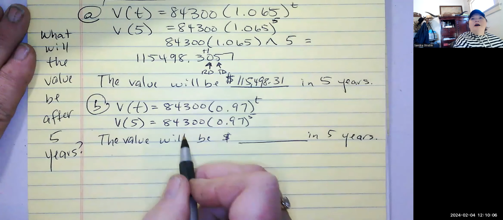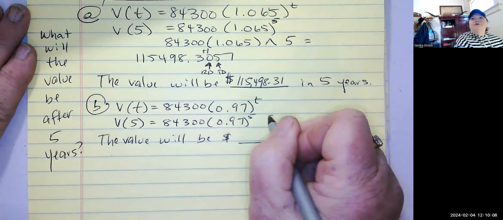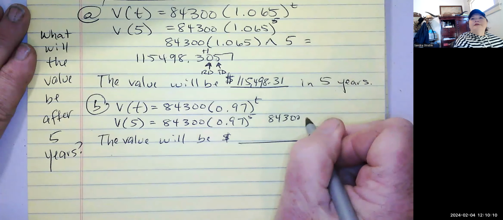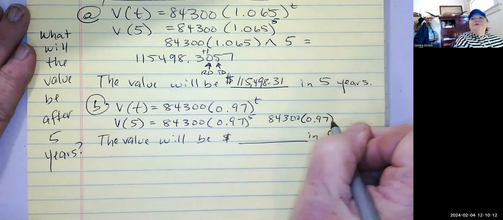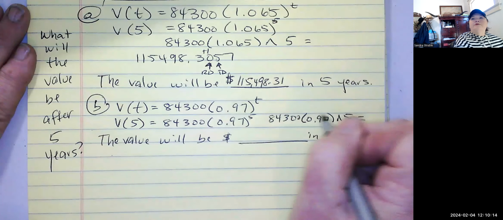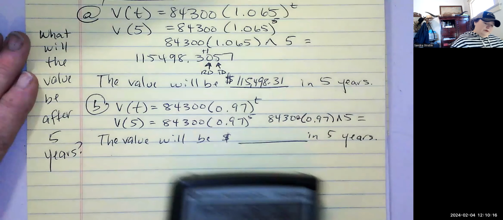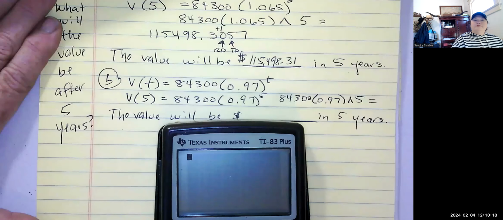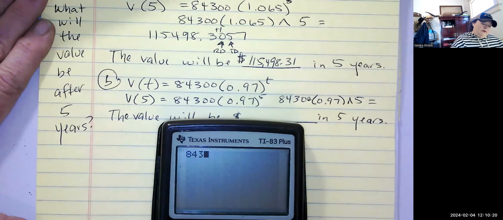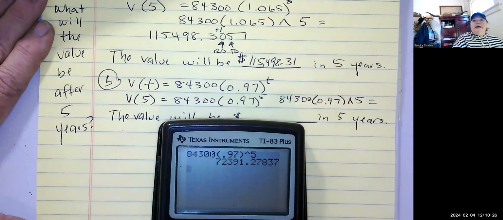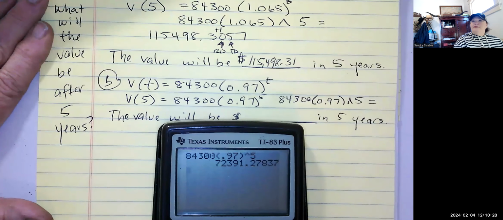All right. Plugging this in, it should be 84,300, parentheses, 0.97, close parentheses, caret 5, and equals. All right, let's do that. So it's decaying. Therefore, it's no longer worth 84,300.